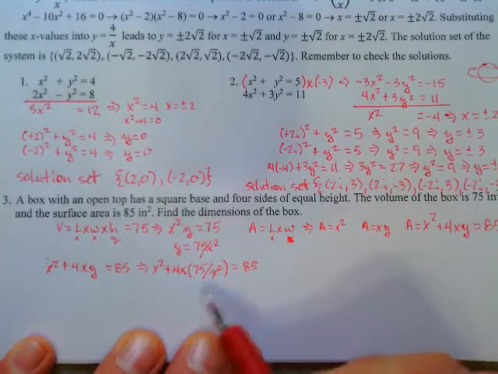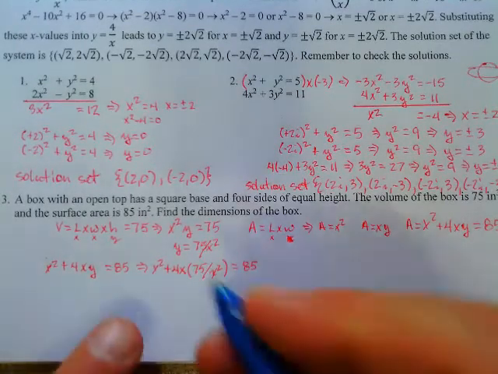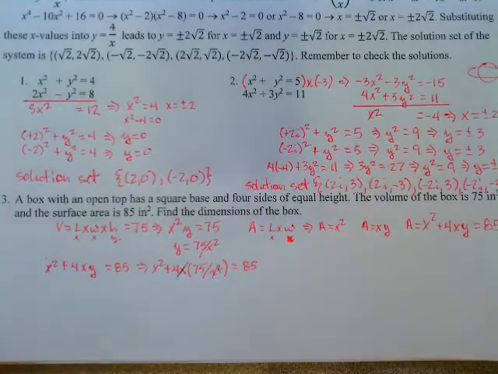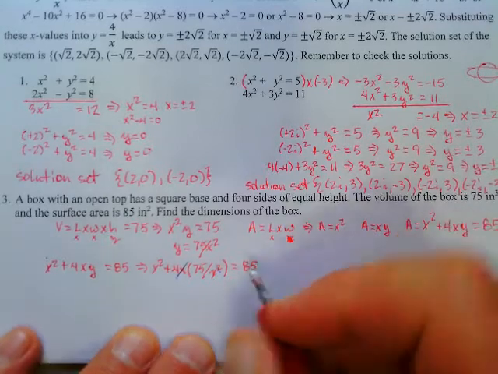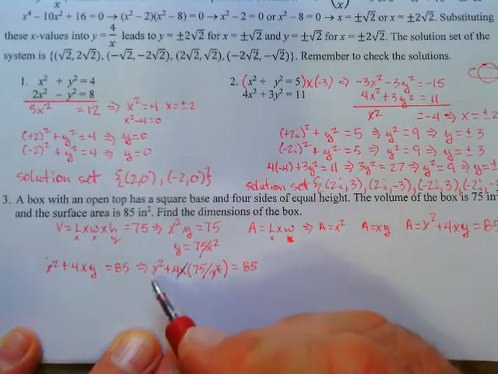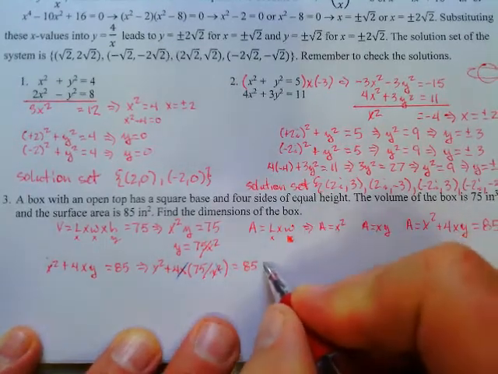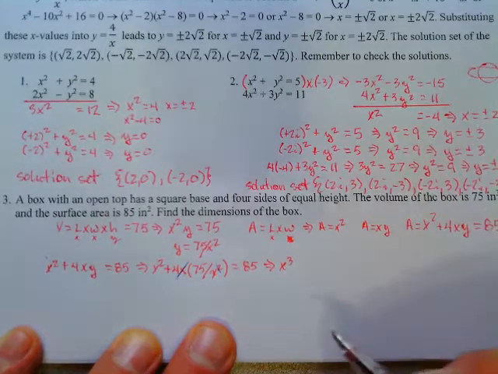Now, we have divided by x squared, and here's an x, so basically that will cancel with that part there, and then we want to get rid of this fraction, so let's multiply everybody by x to get rid of that x down there. So then the x squared will go to x cubed.